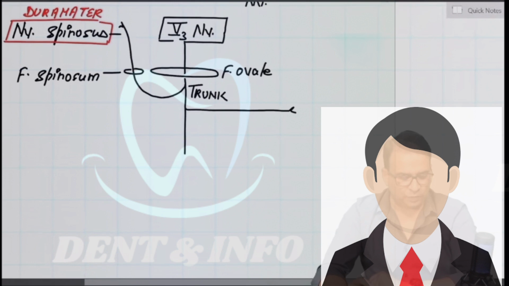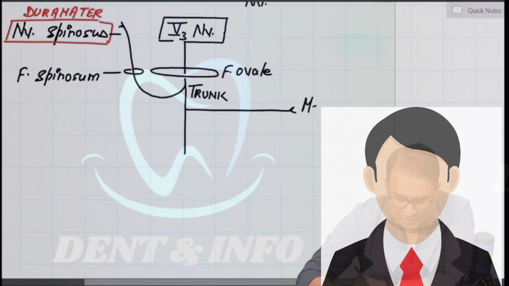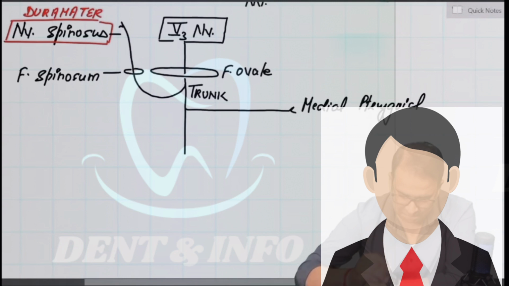I hope all of you know there are four muscles of mastication: temporalis, masseter, medial pterygoid, and lateral pterygoid. But out of these four, only the medial pterygoid is supplied by the trunk. Medial pterygoid is the only muscle of mastication supplied by the trunk.